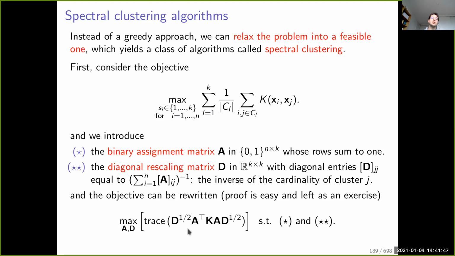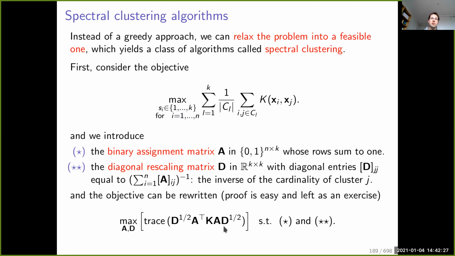But in fact, if you ignore the matrix D, you can try to interpret what it means to multiply A transpose times K times A and take the trace, summing the diagonal elements. You will see that you get exactly the sum over the kernel values corresponding to data points that live in the same cluster.